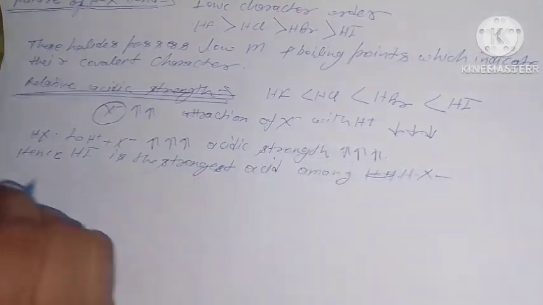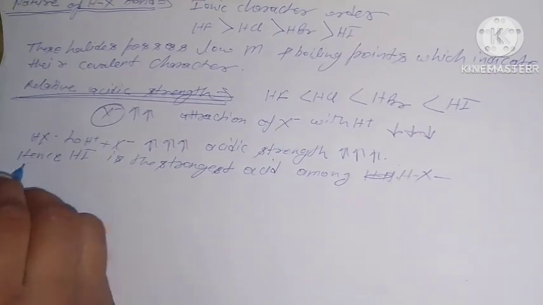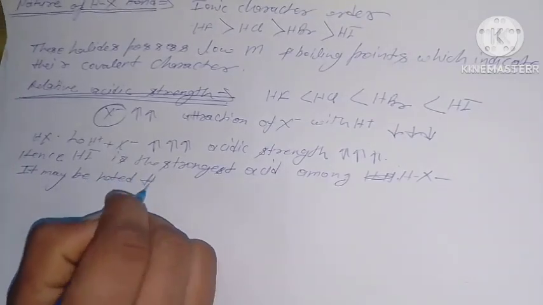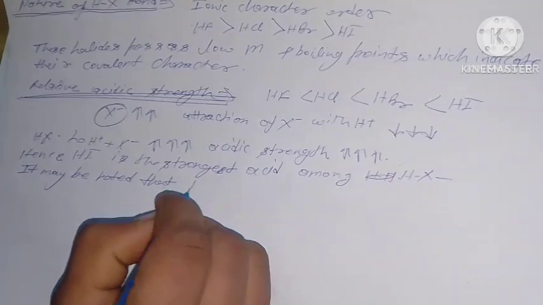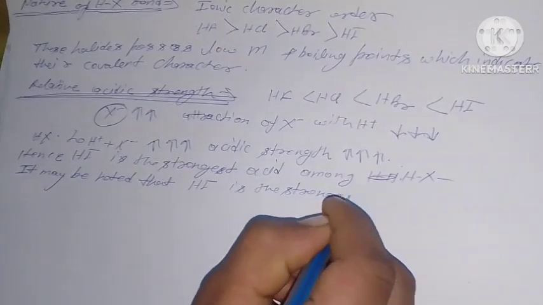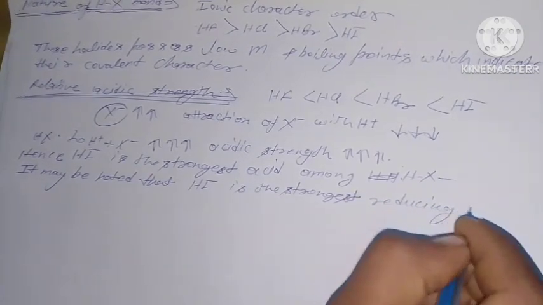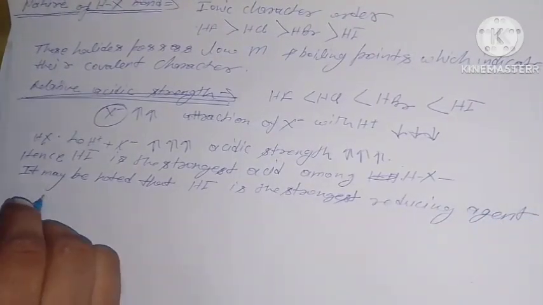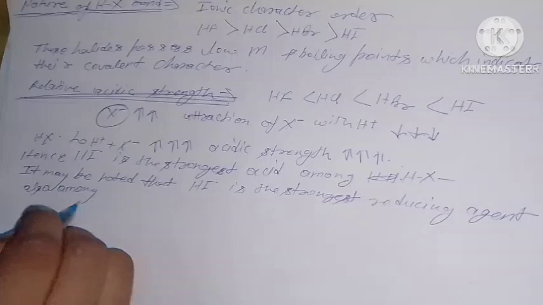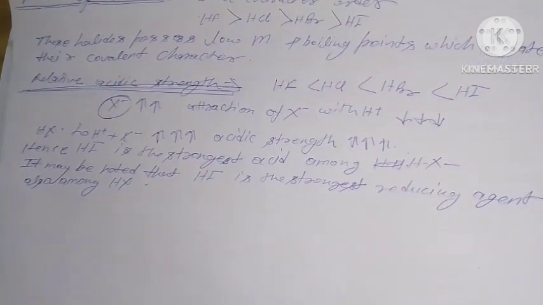It may be noted that hydrogen iodide is the strongest reducing agent also among HX.